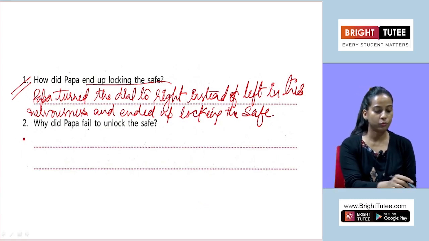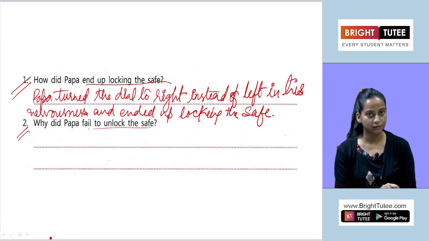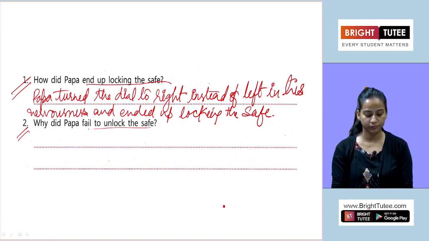Now the question number 2, they have asked, why did Papa fail to unlock the safe? Why was he not able to?